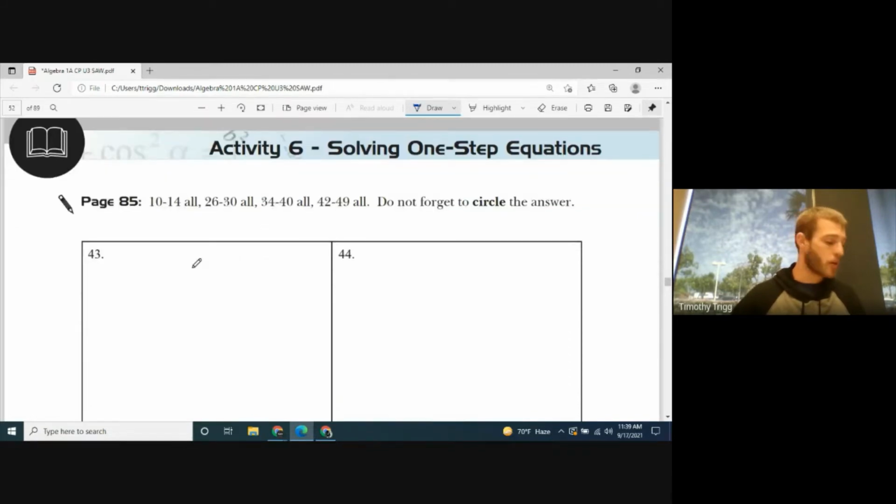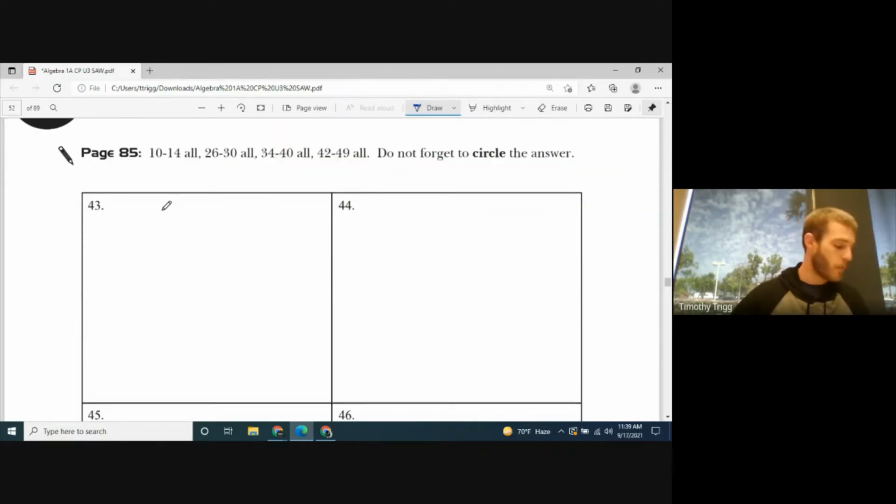43. Let's do another one. This one's very similar, just with different numbers, so we'll work on it together. We've got 3/4 x equals 9. What am I going to multiply everything by? In this case, we're going to multiply everything by the denominator, 4. So multiply this by 4 and multiply this by 4.